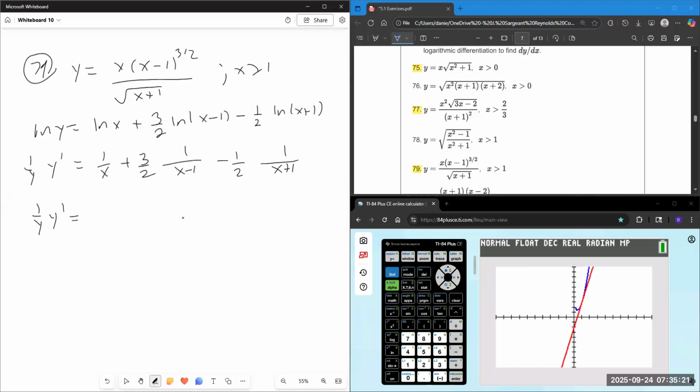Let's see, we have a need for a 2, an x, and an x minus 1, and an x plus 1. Let's multiply by y and see what happens.